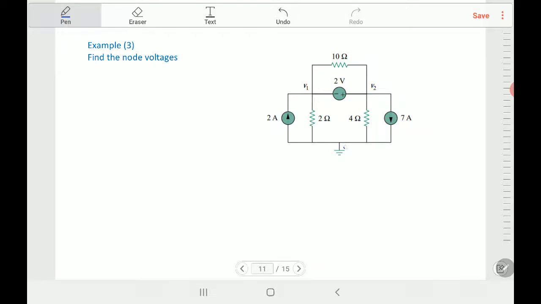So you get node 1 and node 2. But there is something here: a voltage source, and neither node 1 nor node 2 is a reference, they are not the ground. So you can collect these two points together, squeeze them to make a super node.